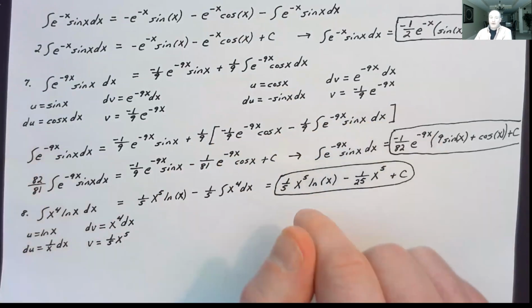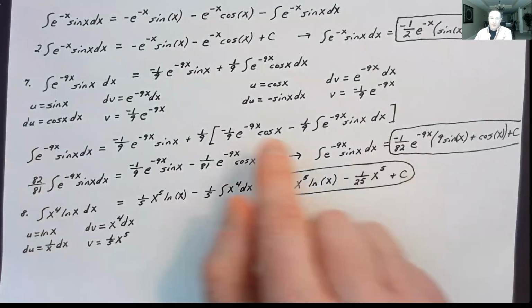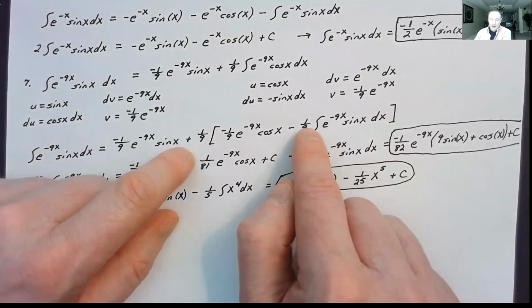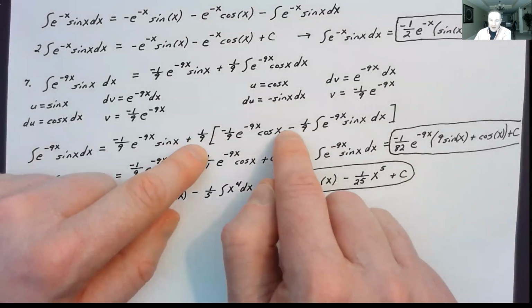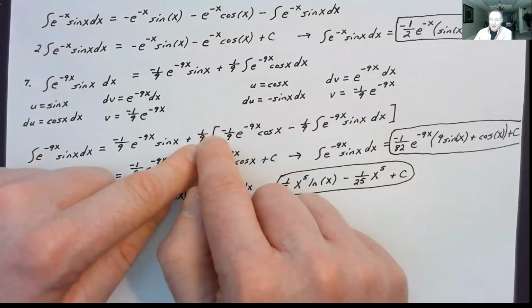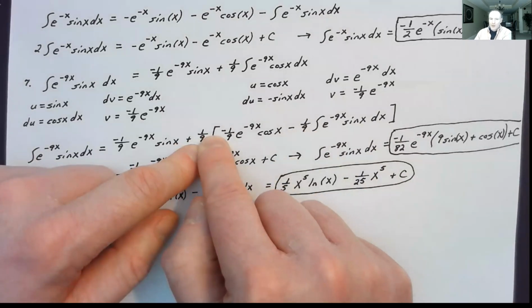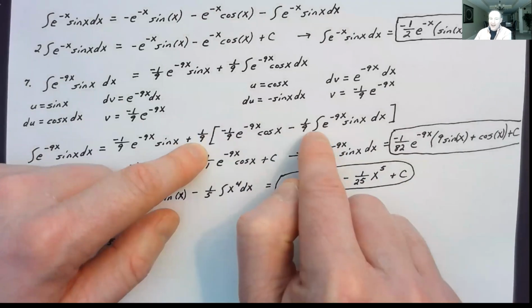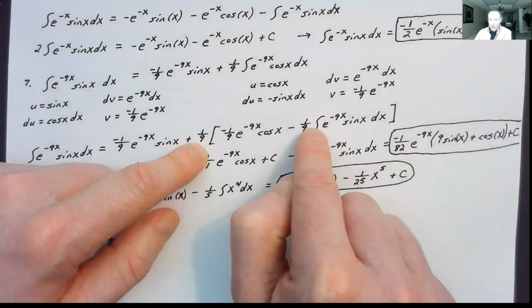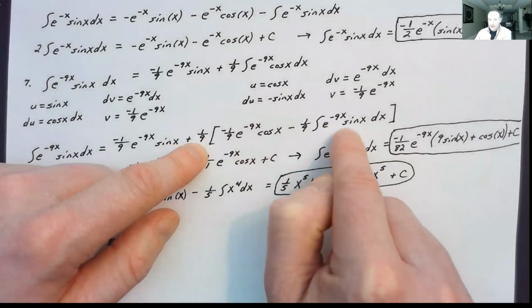But now I need to be very careful here. I also recognize that it has a coefficient of -1/9 times 1/9 in front of it. So that's 1/81, or negative 1/81 multiplying that integral on the right-hand side.